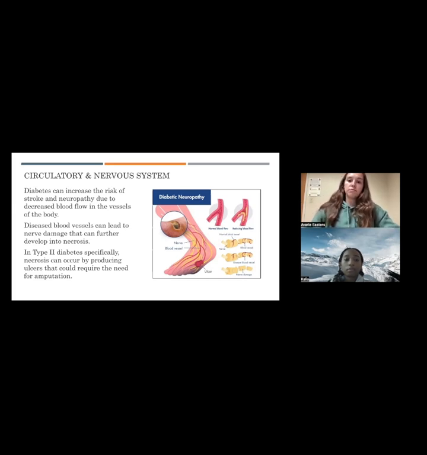So, in type 2 diabetes specifically, necrosis can occur on the feet or hands and can produce ulcers that could require amputation. This diagram on this slide really shows how the blood vessels and the diseased blood vessels could eventually lead into nerve damage.